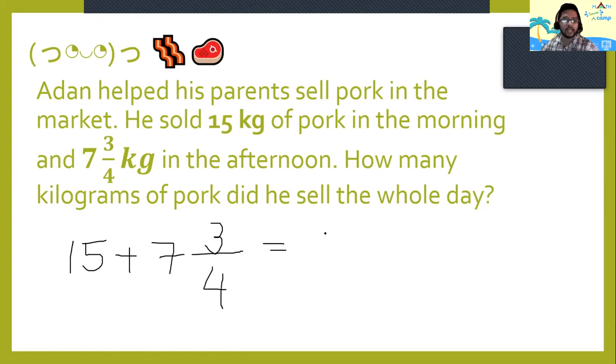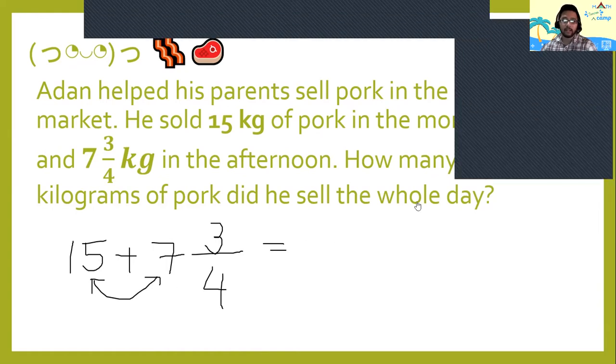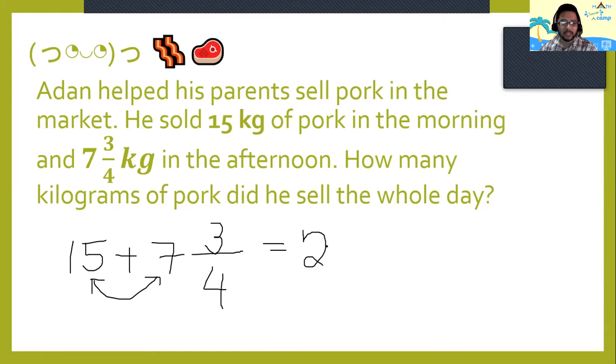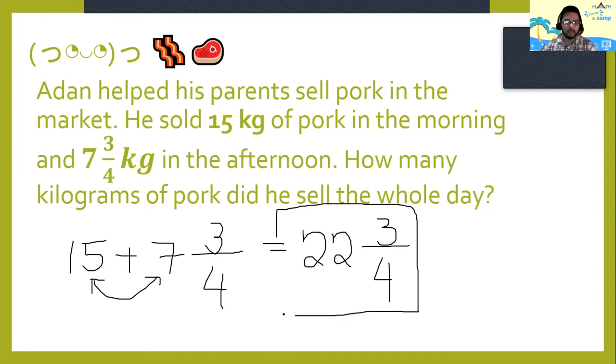If you're going to add 15 plus 7 3/4, all you're going to add is the two whole numbers. So 15 plus 7, it's just 22. And the fraction is unchanged. 22 3/4. Di ba? Much easier. It's just like adding simple numbers only.